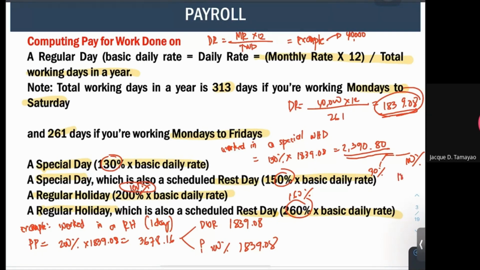So 100% is always 1839.08, the computed daily rate, and the 30% will be equal to 551.72. That is our premium payment. So that's a work done. If ever it is a special day or rest day, special day plus rest day, regular holiday plus rest day. Take note, is special day or rest day.